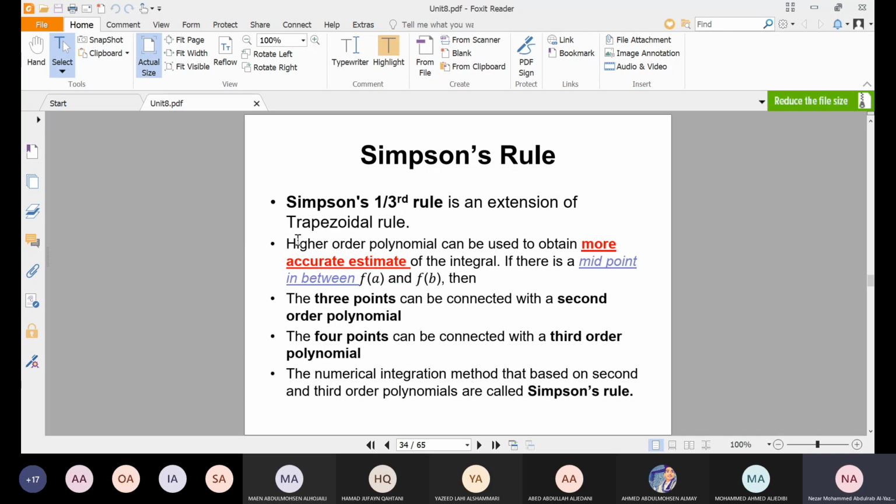So here, as we said, Simpson's 1/3 rule is an extension of the trapezoidal rule by using the midpoint. In the trapezoidal rule we use point A and point B to evaluate the integration, using the average of these points multiplied by the width or the base.